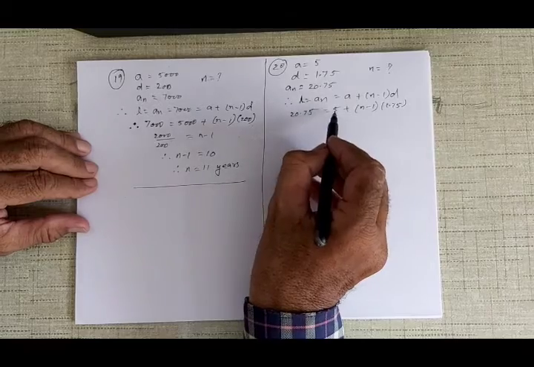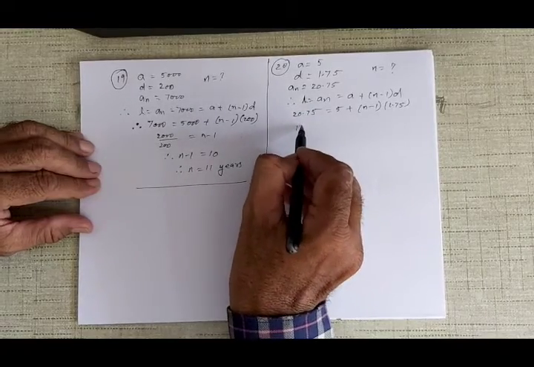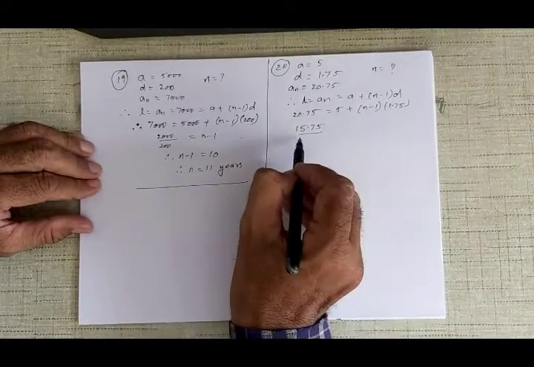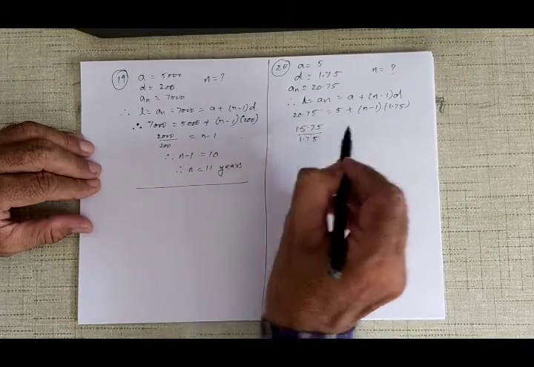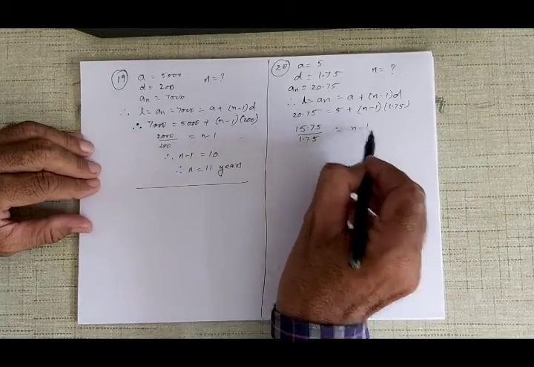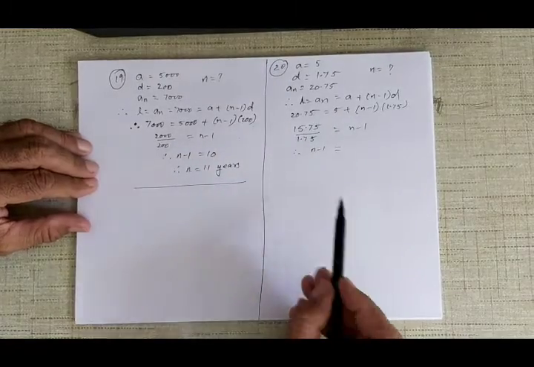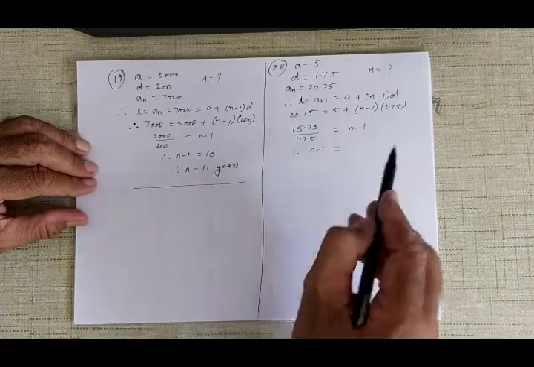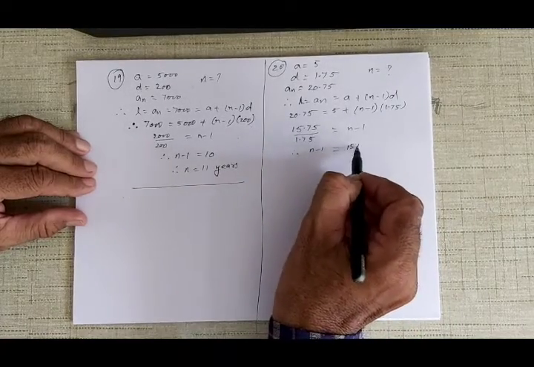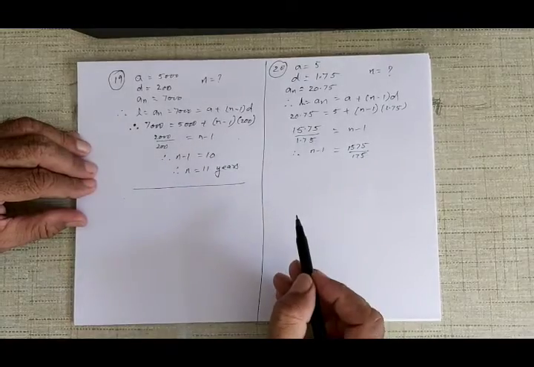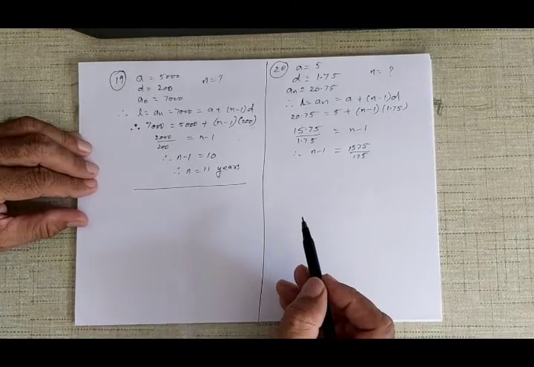Now 20 rupees and 75 paise minus 5 will be 15 rupees and 75 paise and then 1.75 से divide करो. Okay, and that is n minus 1. Therefore n minus 1 will be, now if you divide this, first of all 100 ये हो जाएगा 1575 upon 175. Okay, 1575 upon 175.